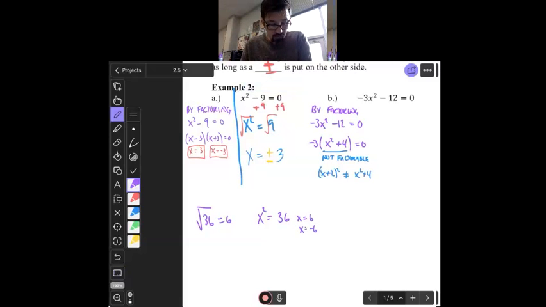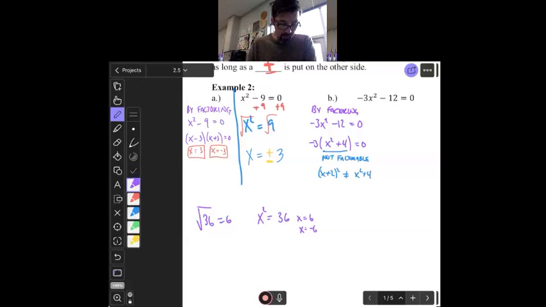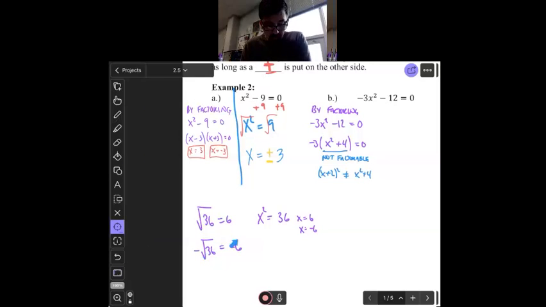So 1 answer, 2 answers. If I want the negative version of this, I would have to say, what's the negative square root of 36? That would equal negative 6. Again, only 1 answer though. The fundamental theorem of algebra says this equation has 2 answers. So you gotta make sure you address that here.